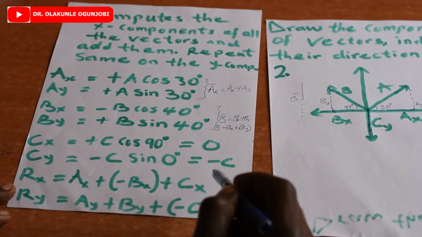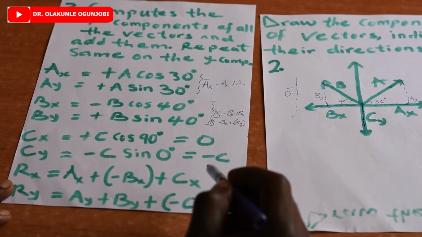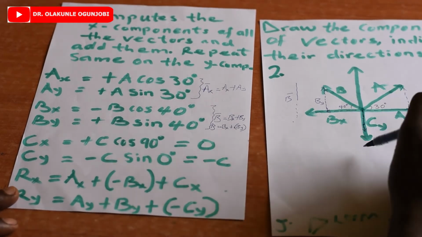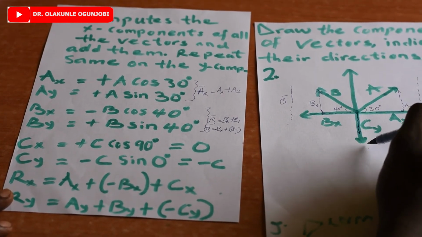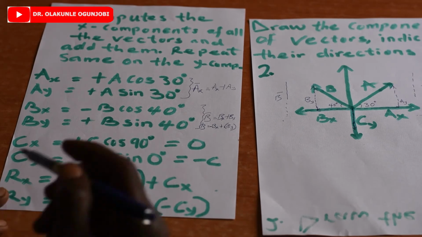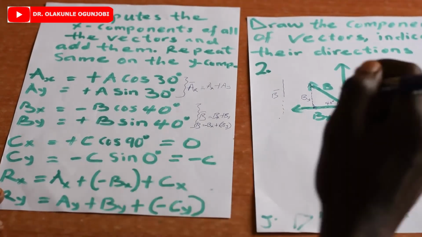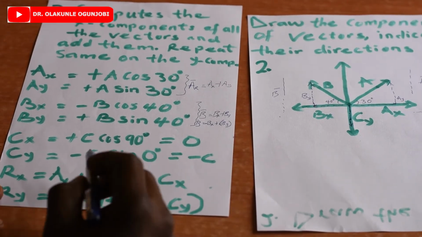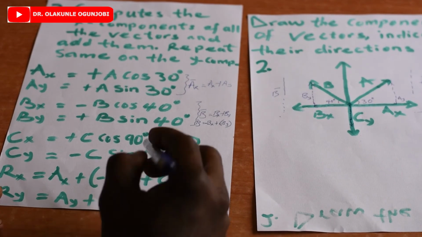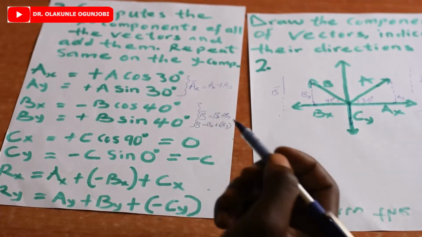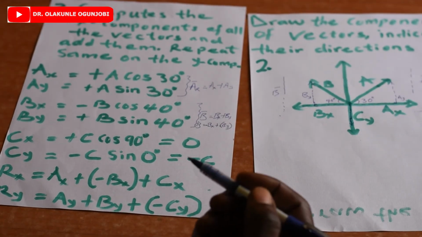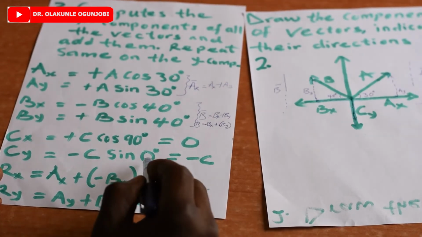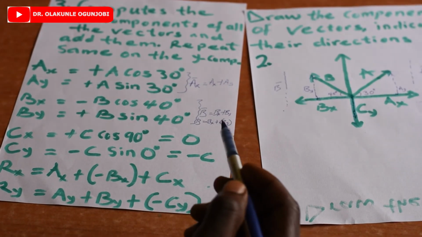But in the case of c, you see the cy is at the negative of the y-axis. So that's why in this case you have minus c sine theta, but in this case theta is 0, so that will be sine 0 degrees, so that gives you minus c.